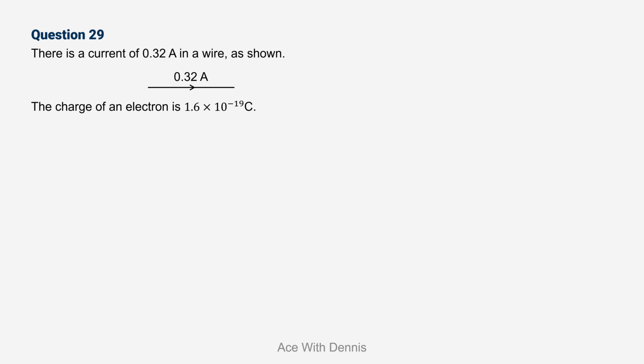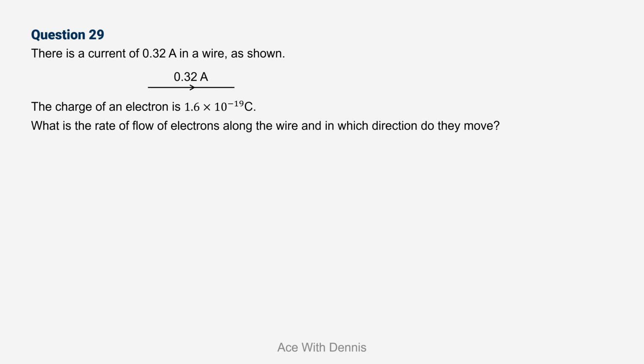Question 29. There is a current of 0.32 amps in a wire as shown. The charge of an electron is 1.6 times 10 to the power negative 19 coulomb. What is the rate of flow of electrons along the wire and in which direction do they move?